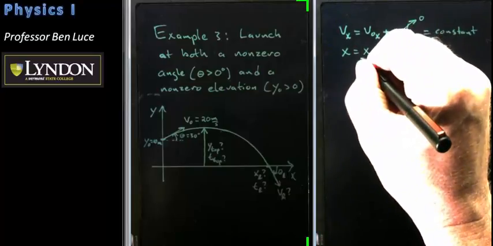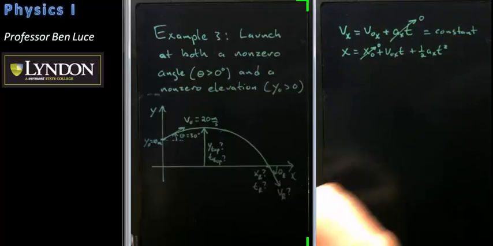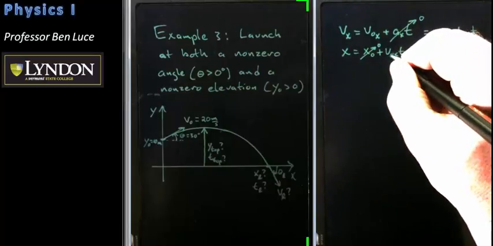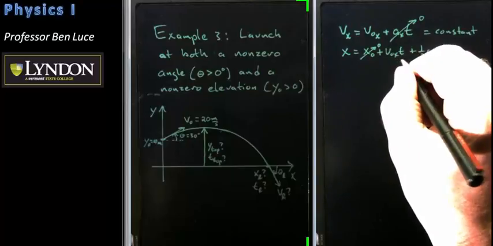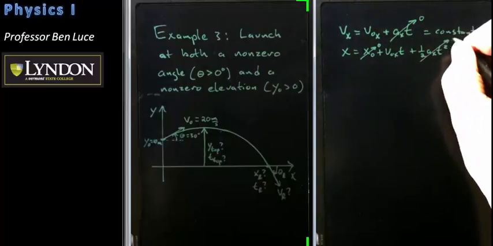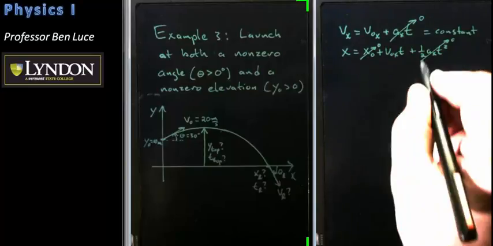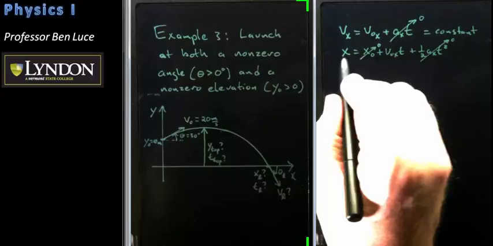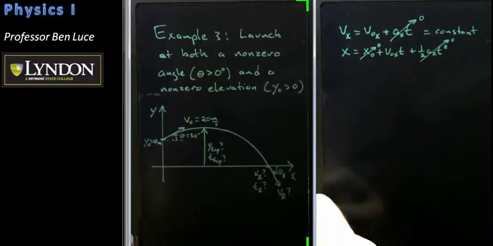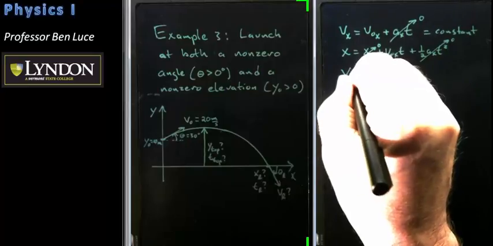Here, again, we still have x naught equal to 0, according to our diagram. But V naught x is not 0, so we have to retain that term. And of course, we don't have any acceleration in the x direction. So again, our equation for x is the same as all the previous examples, x equals V naught x t, which is comforting. Now let's look at the Vy equation.